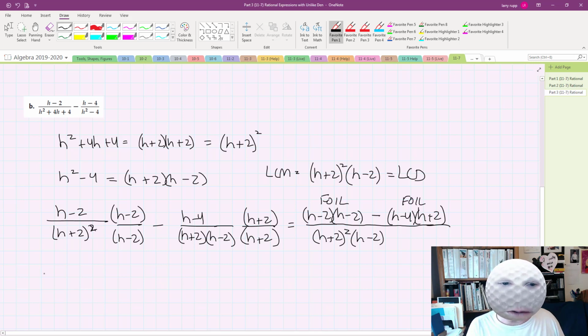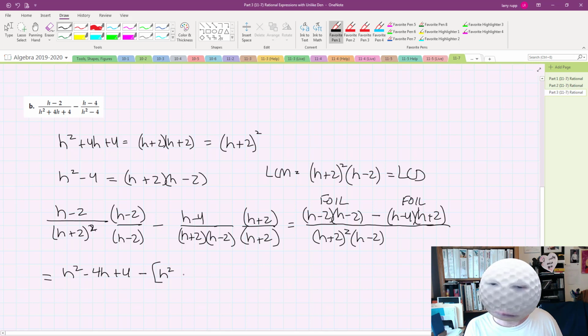The first one FOILed is h squared minus 4h plus 4, minus, in brackets, h squared minus 2h minus 8, all over (h plus 2) squared times (h minus 2).